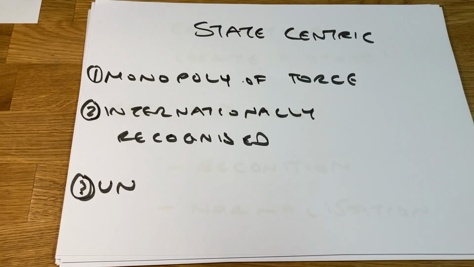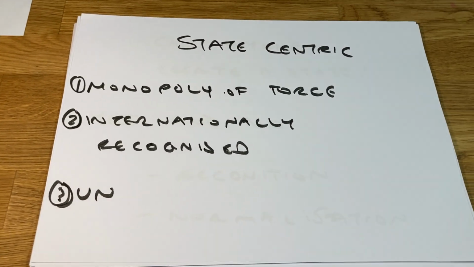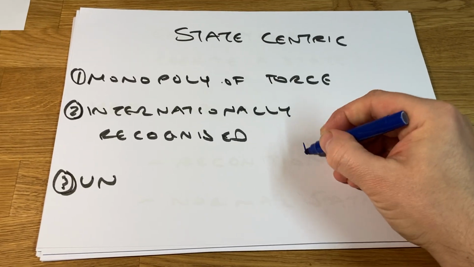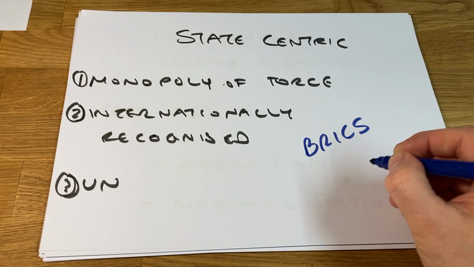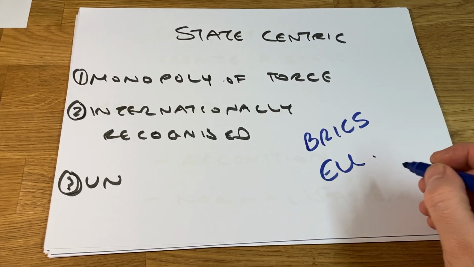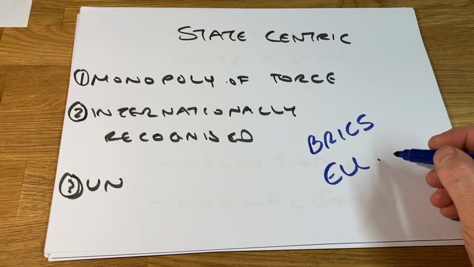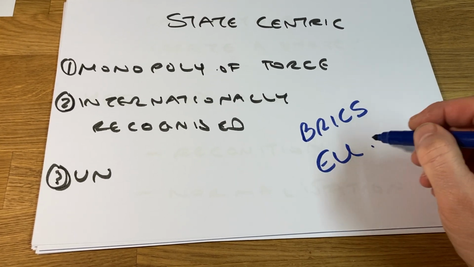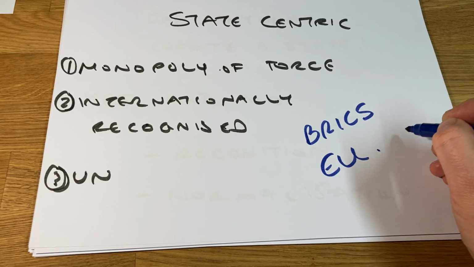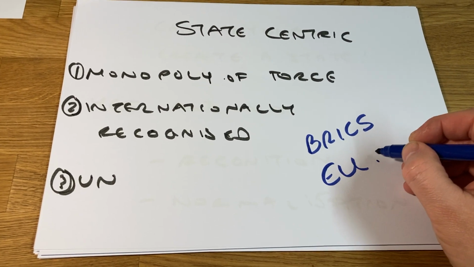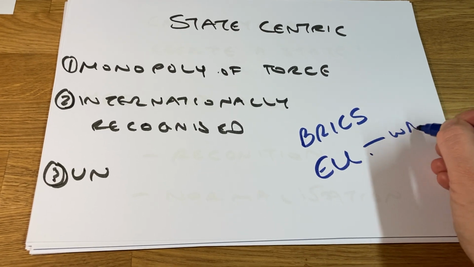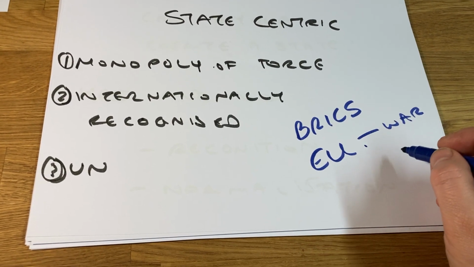So, for example, non-state actors, and we'll look at a couple of them. So we'll look at the BRICS and we'll look at the EU. Unfortunately, the BRICS and the EU do not have a power to declare war. So the EU itself can't declare war. However, states within BRICS and states within the EU, they can declare war because they are states.